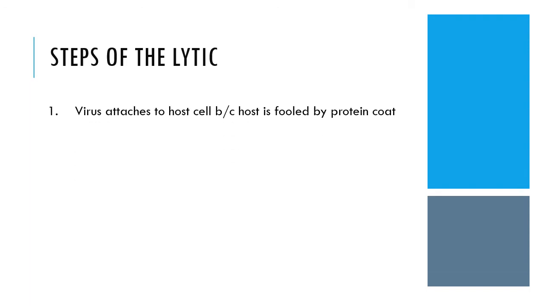Step by step, the steps of the lytic cycle. First, the virus attaches to the host cell because the host is fooled by the protein coat. The next thing that happens is the virus inserts DNA into the host cell, or in the case of an RNA virus or retrovirus, it's going to insert RNA into the host cell.